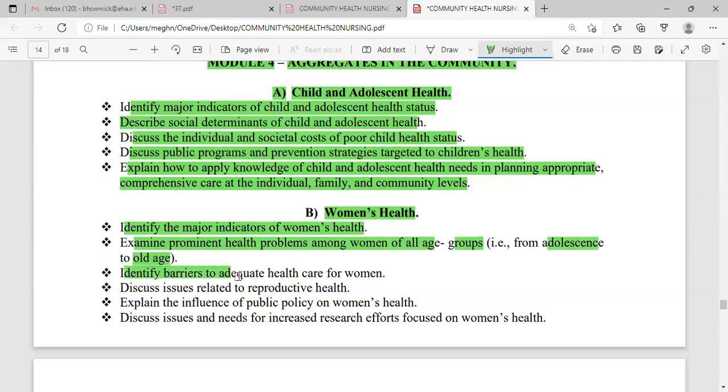Identify barriers of adequate health care for women. Discuss the issues related to reproductive health. Explain the influence of public policy on women's health, and discuss the issues and need for including research efforts focused on women's health.